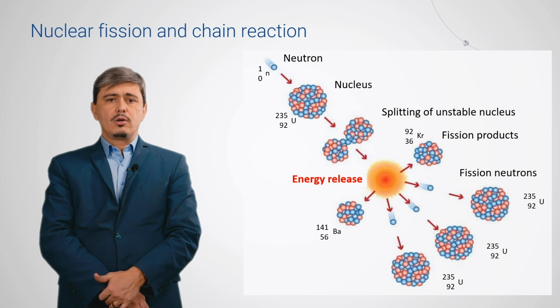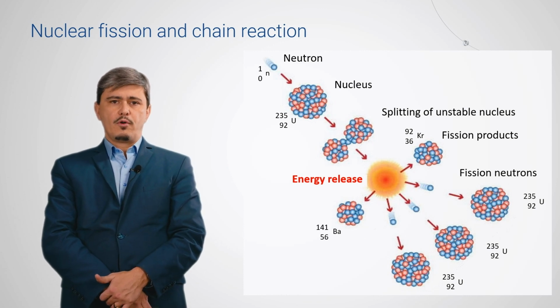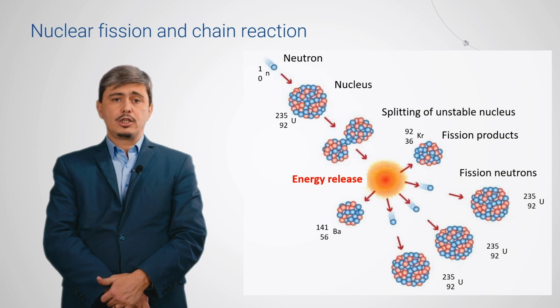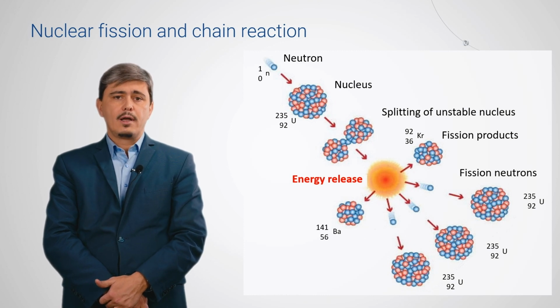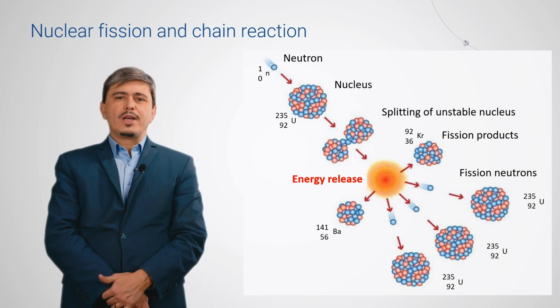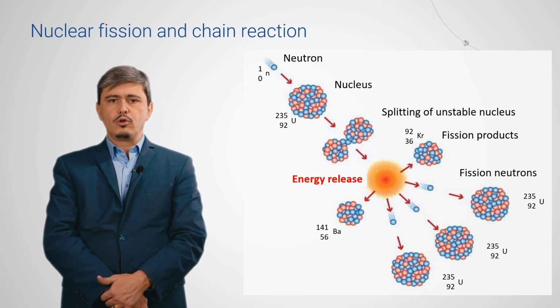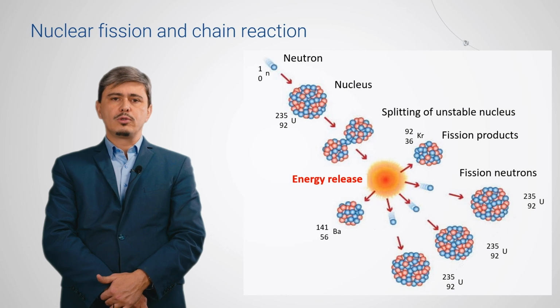And in this reaction we can get thermal energy. Thermal energy is the kinetic energy of neutrons and byproducts flying around in this process. So in general, of course, we can use not only uranium. There are different isotopes of plutonium and thorium, which could be used as well for a chain reaction.